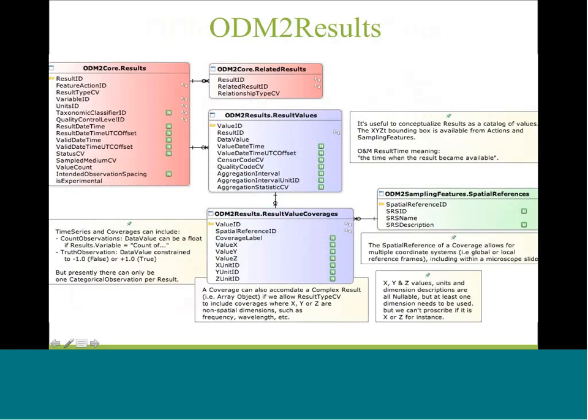Having this metadata separate from the data value is more efficient in terms of storage, allows for more rapid querying, and it actually better supports cataloging functions that are really quite important to cyber infrastructure. So result values are taken outside of that in a separate table that is long and skinny.